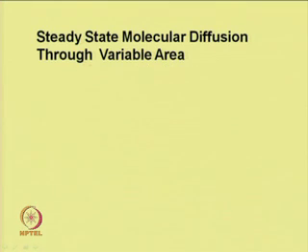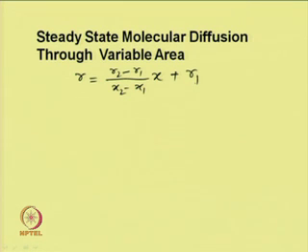If we use the geometry, then we can have a relation R is equal to R2 minus R1 by X2 minus X1 X plus R1. So, this is the change of radius along the length of the cylinder.